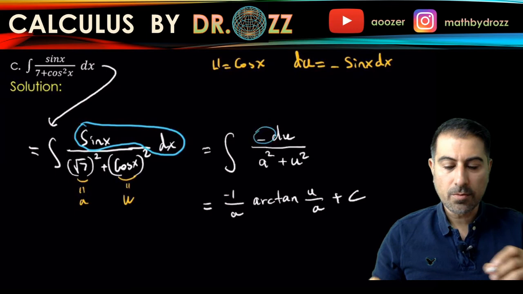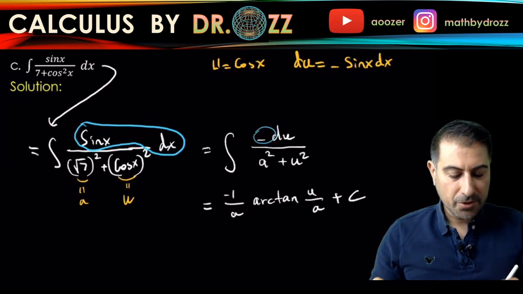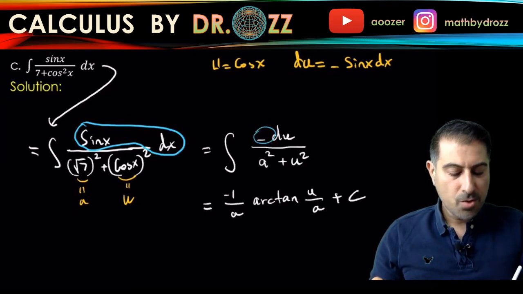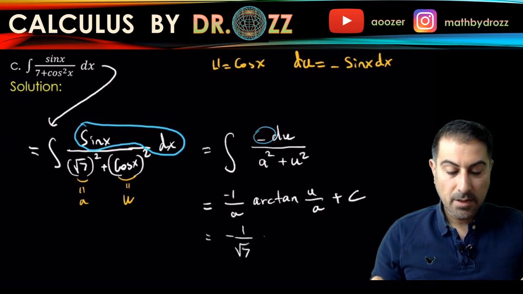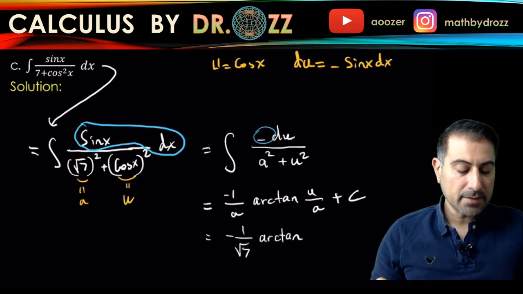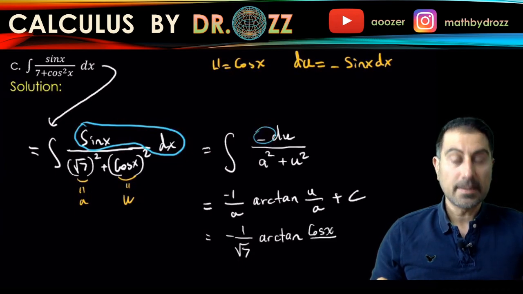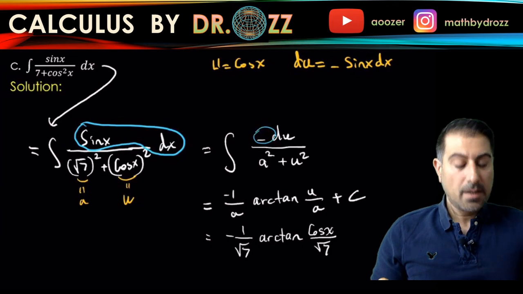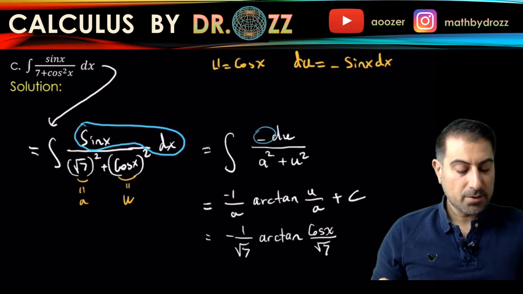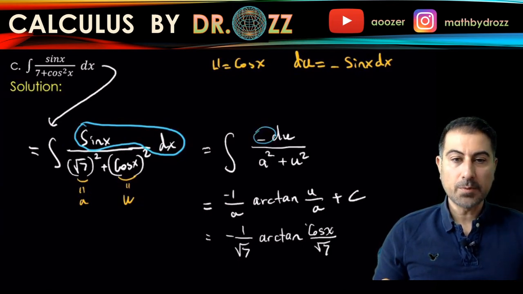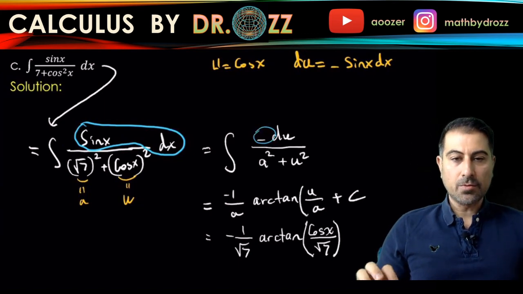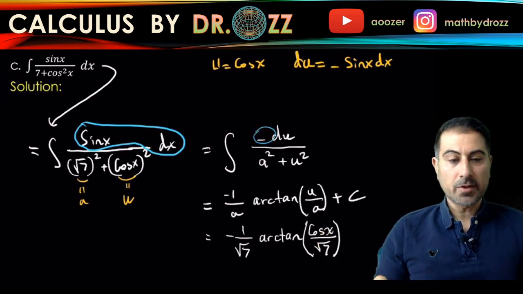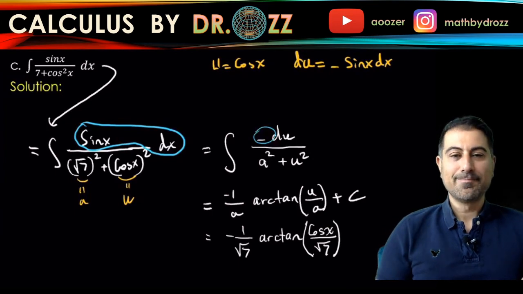All right, so let's go ahead and then finish this. Negative 1 over radical 7 arctan, and u equals cosine x, cosine x divided by radical 7. Let's just put this carefully in parentheses, so that cosine x over radical 7 is the argument of arctan, plus c.